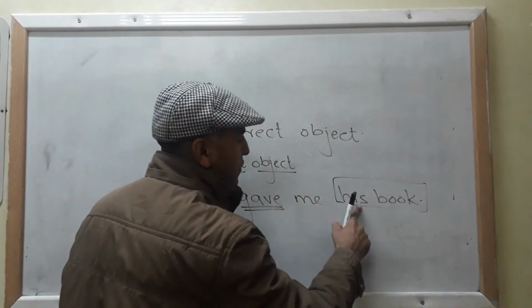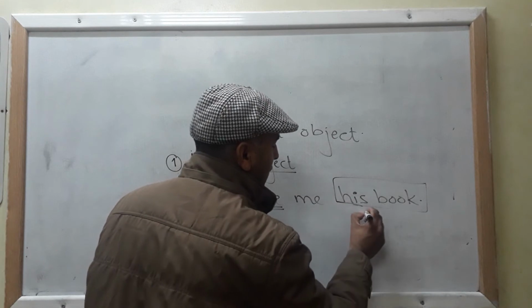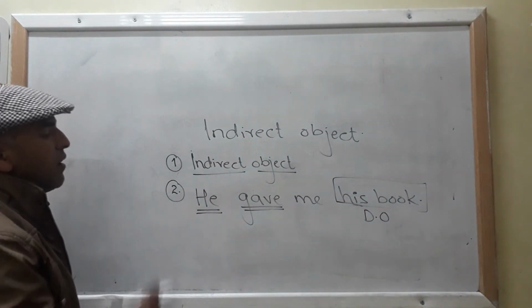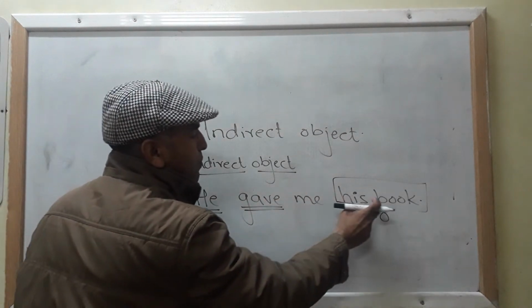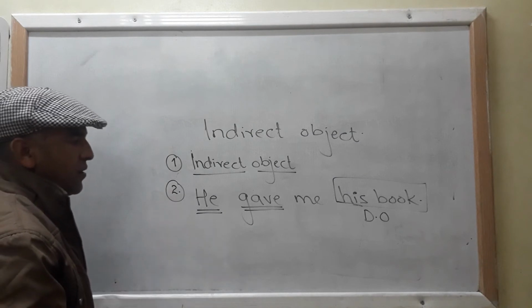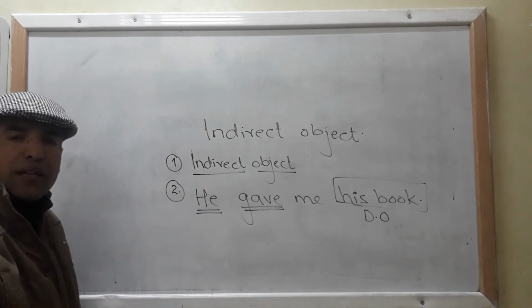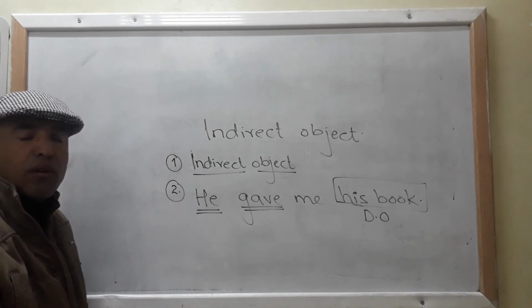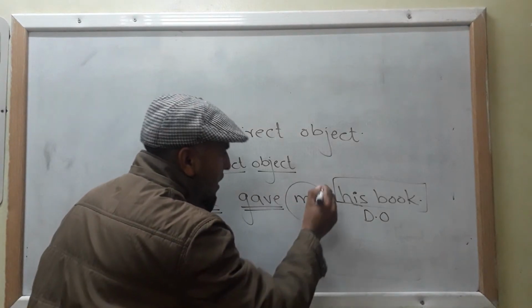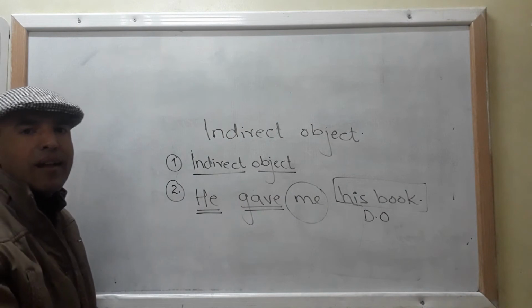When we find the answer of what, that is your direct object. Now, he gave his book. We have found the answer of what. Now, second is, whom did he give? Me. Me is your indirect object.